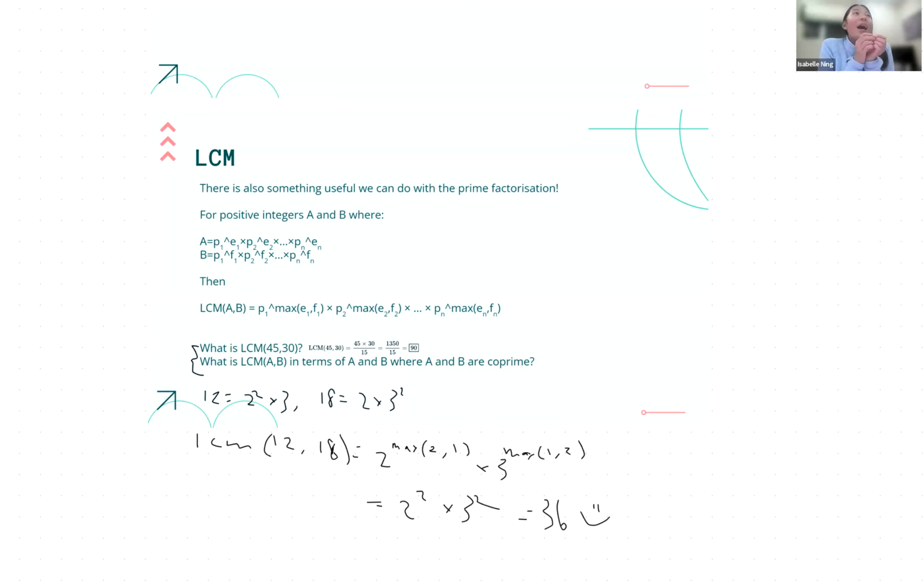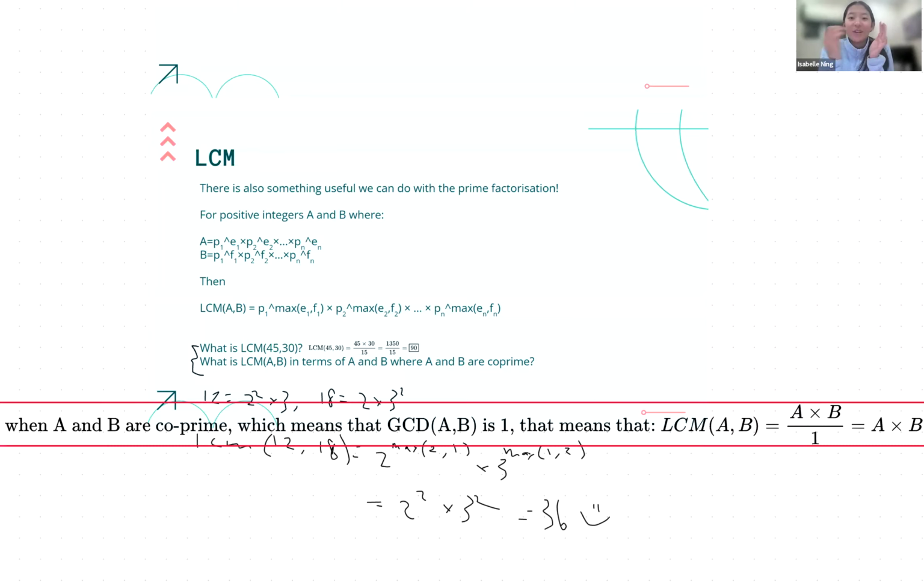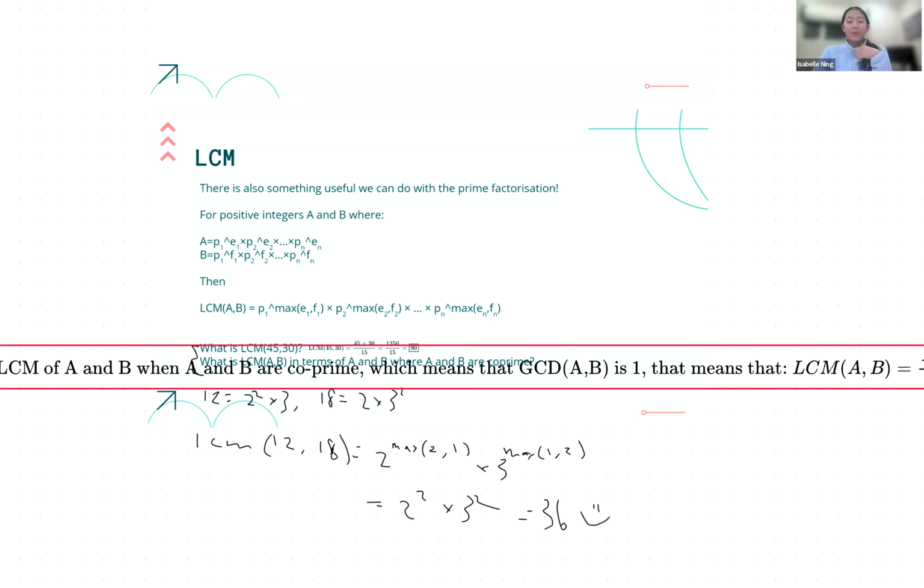So at the end, the number A would contribute A times as many of the factors to the lowest common multiple, and B would contribute B to that. So in the end, the lowest common multiple is just A times B, because they share no common factors.